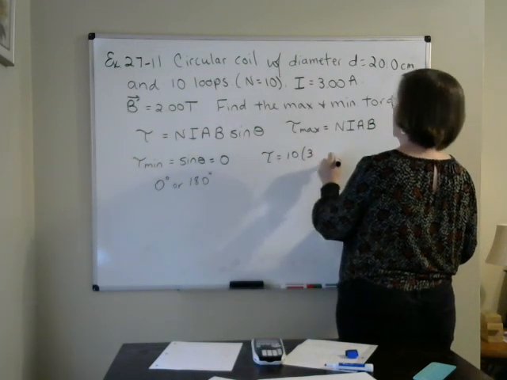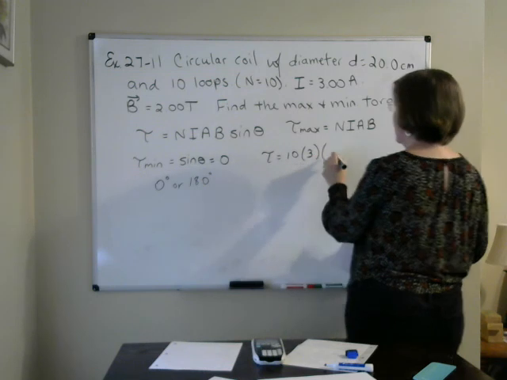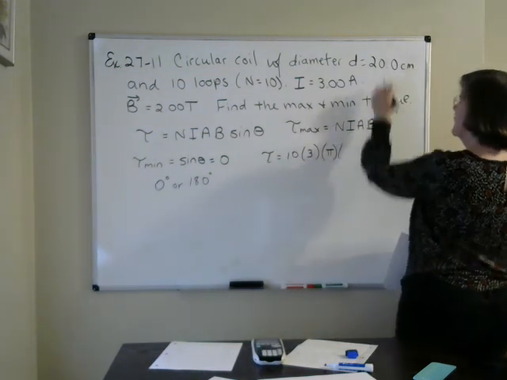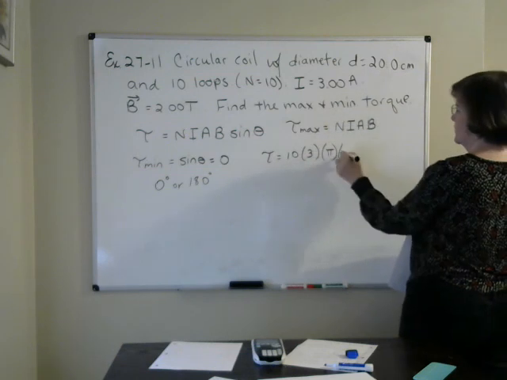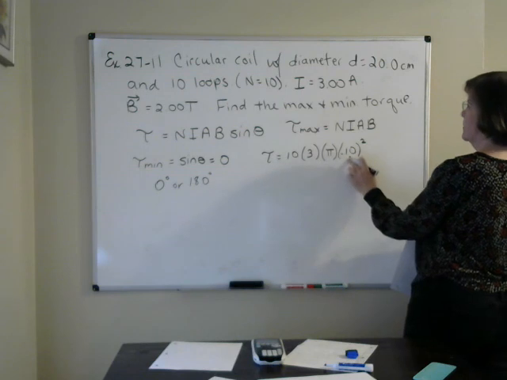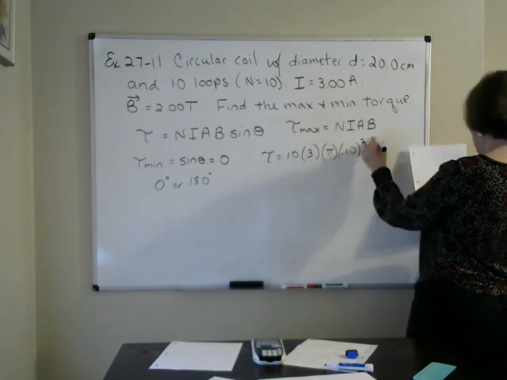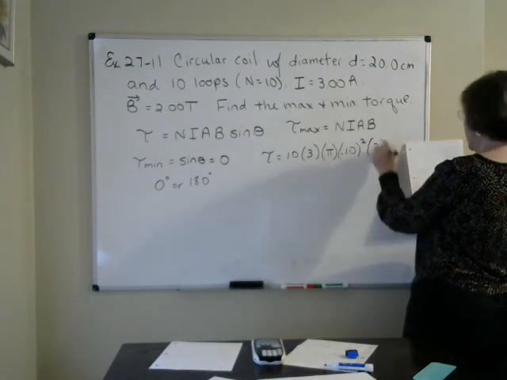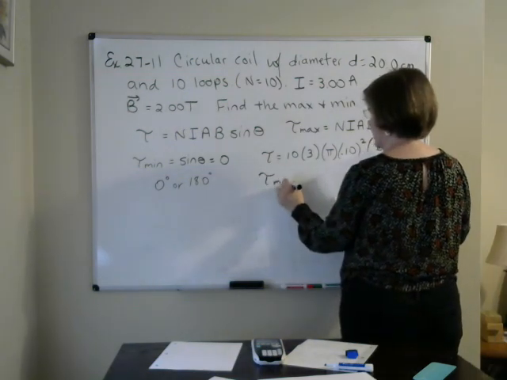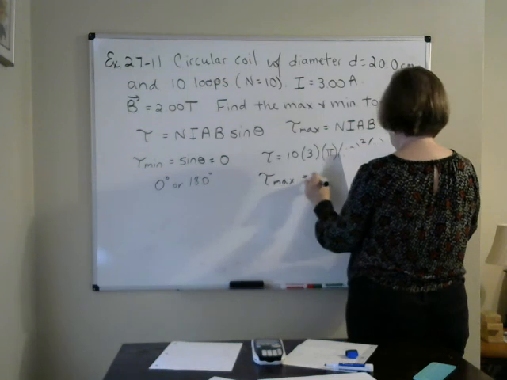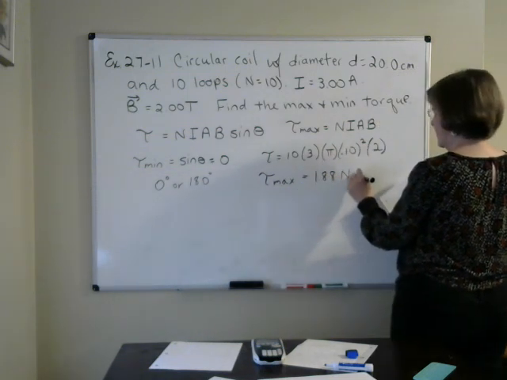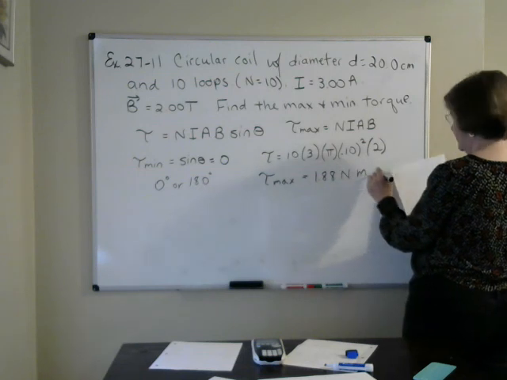That's 3 amps. That's an area that is pi r squared. So pi, and then r is 0.10 meters squared. There's our pi r squared times our magnetic field, which is 2. And that gives me a maximum torque. That comes out to be 1.88 Newton meters.